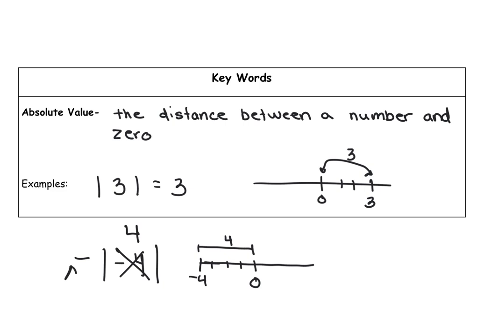But this symbol out front means opposite. So in this situation, the opposite of the absolute value of -4 means we have to then take our negative sign out front and we have to apply it back to the number.